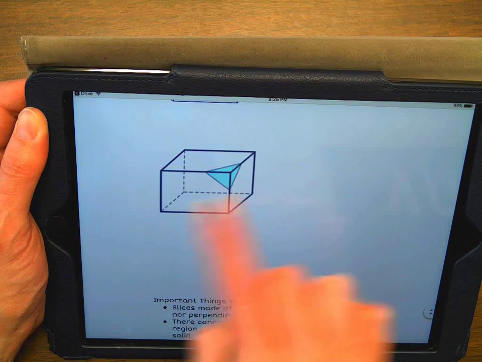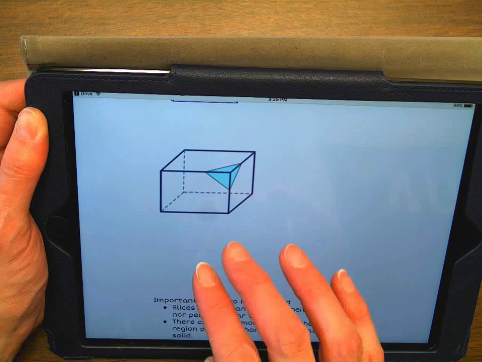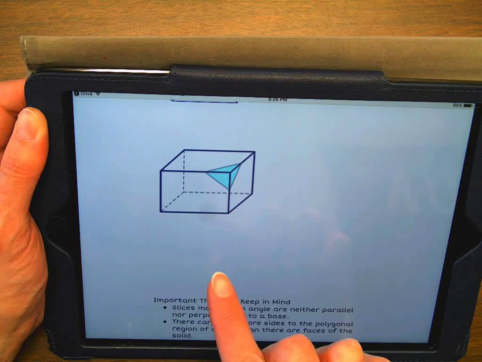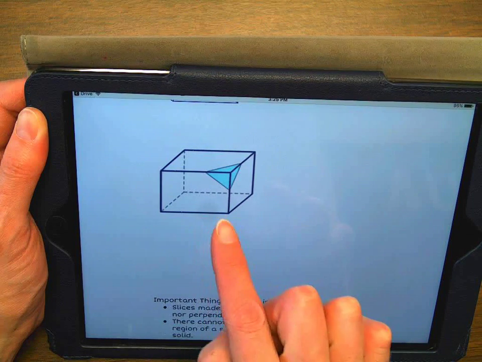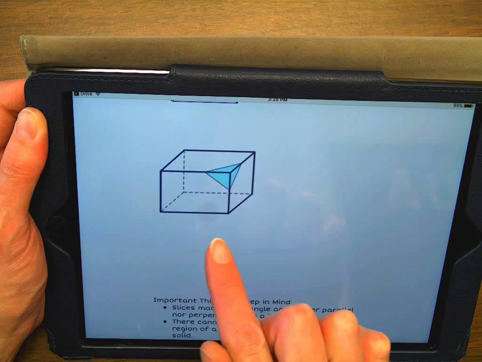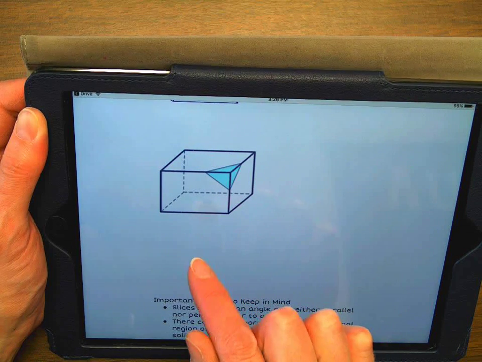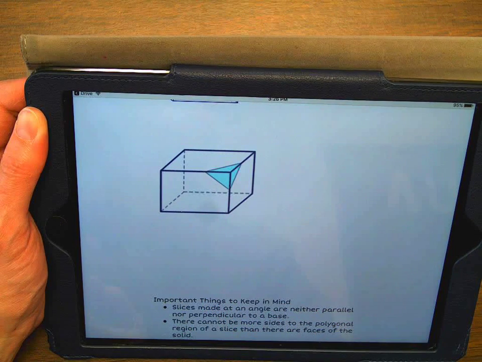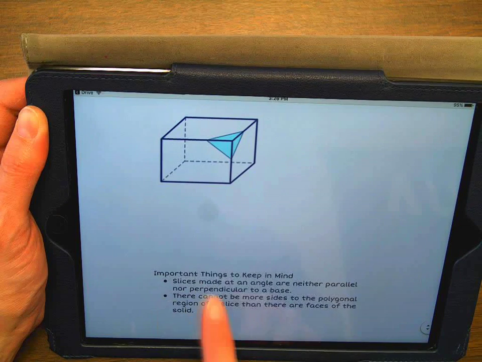So what this is telling us is since this has 6 faces, any slice, no matter what the angle is going to be, it cannot have more sides than 6, because this rectangular prism only has 6 faces. So therefore, the shape of the slice has to be 6 or less. Okay? 6 or less. That's what you've got to remember.